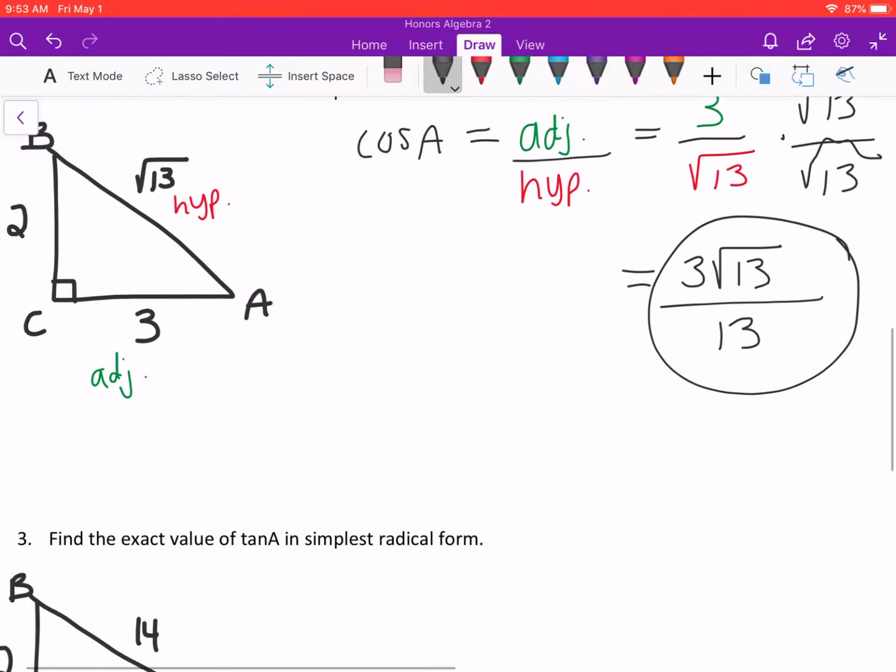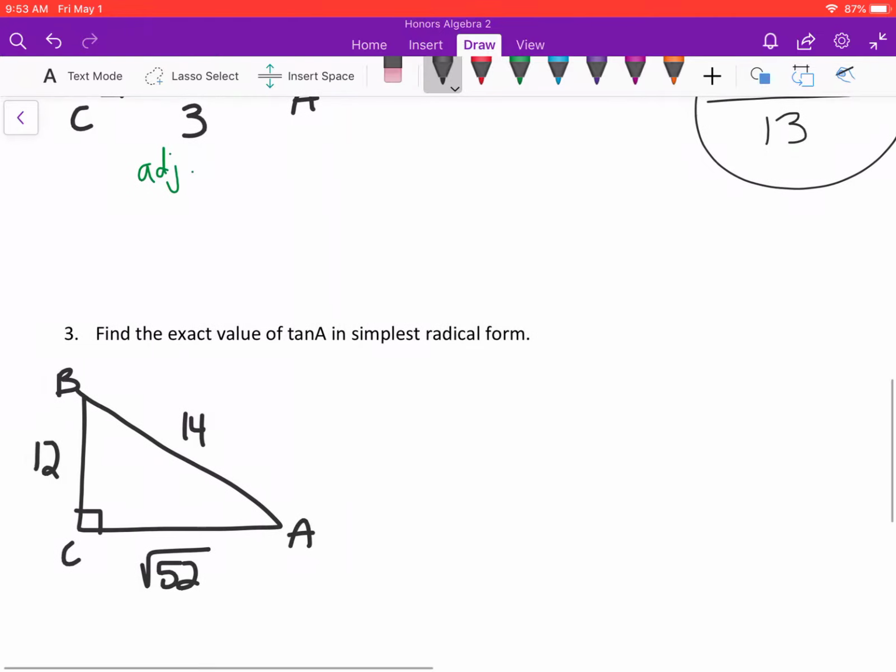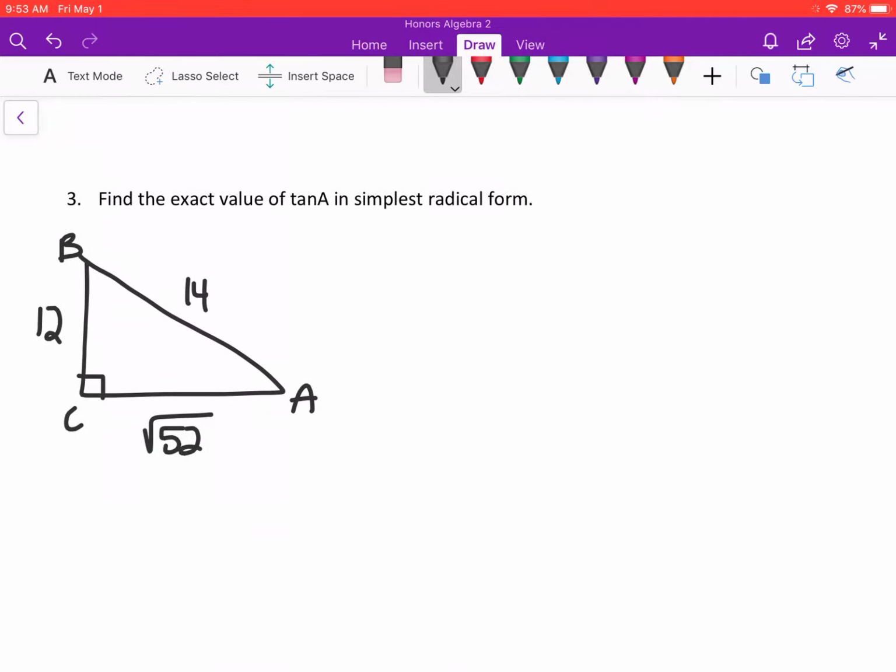All right, one last problem. We're going to do a tangent problem. So we're looking for the tangent of this triangle. And we defined the tangent function as the opposite over the adjacent. So my opposite is this 12 over here.